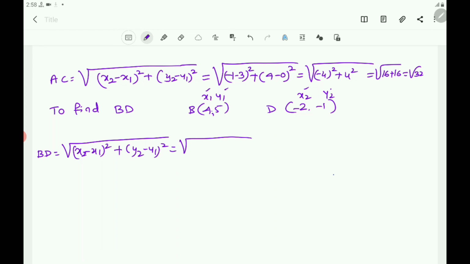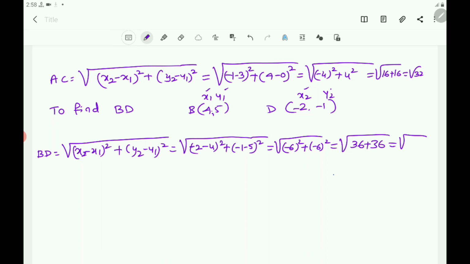That equals (-2 minus 4) whole square plus (-1 minus 5) whole square. That equals square root of (-6) whole square plus (-6) whole square, which is square root of 36 plus 36. 6 square is 36, so you got 36 plus 36, 72. So square root of 72 you got.